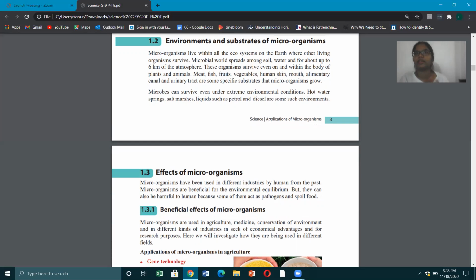We can live in an environment where the temperature is a bit high, or sometimes a bit low. But microbes, which is another name for microorganisms, can literally live anywhere.